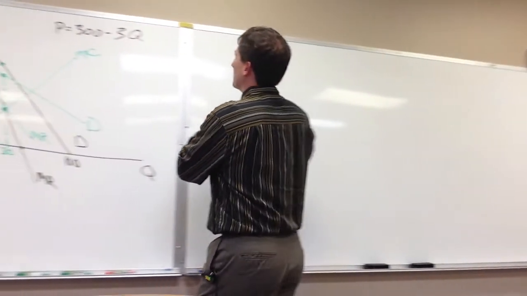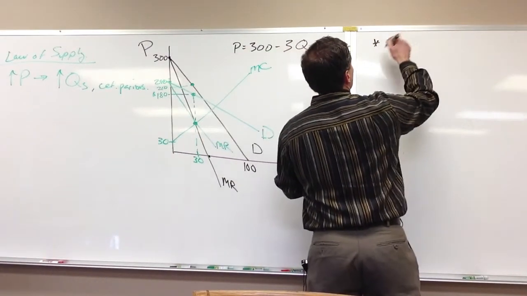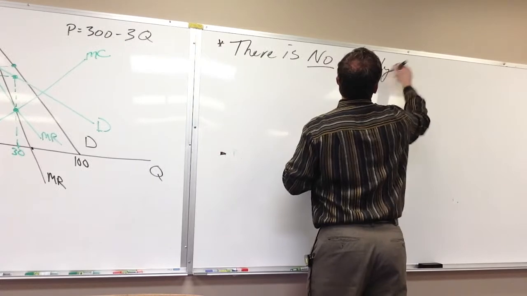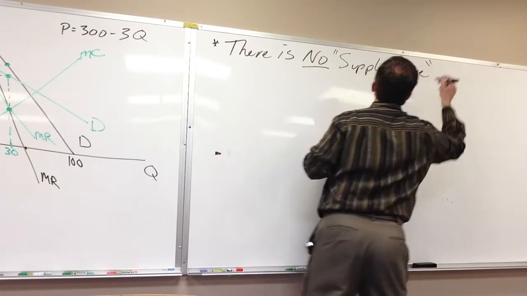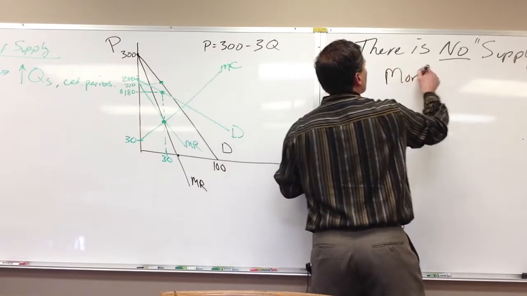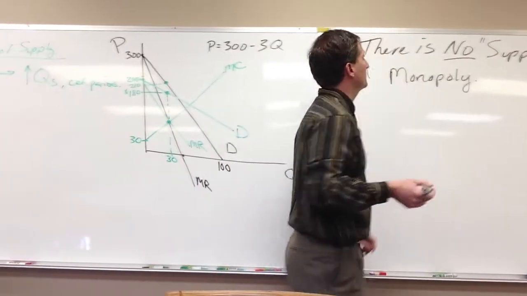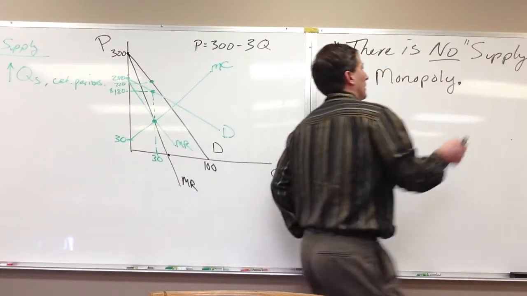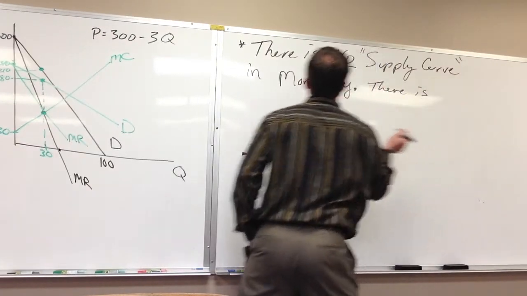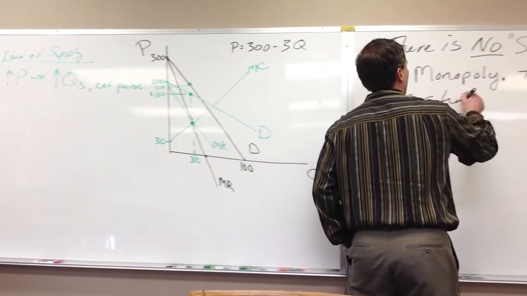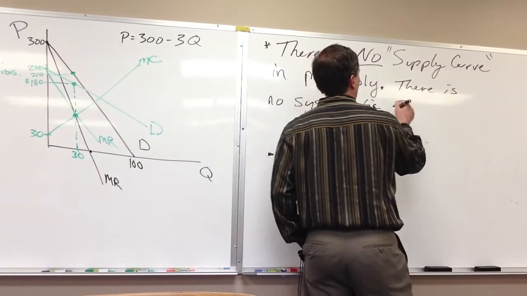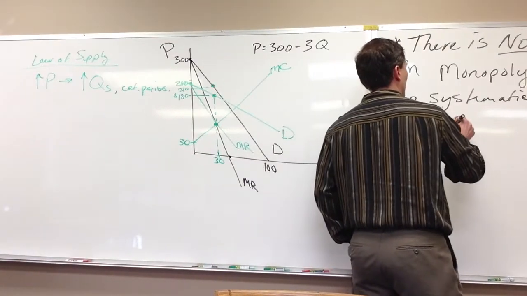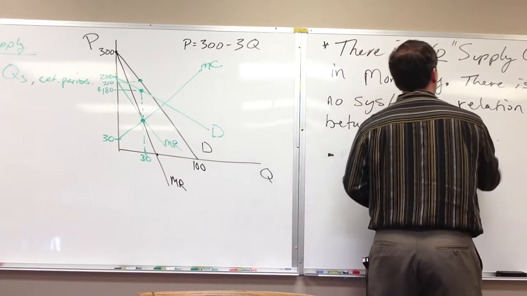So the lesson that we get out of this is, let's just say there is no supply curve in monopoly. There is no systematic relation between price and quantity supplied.